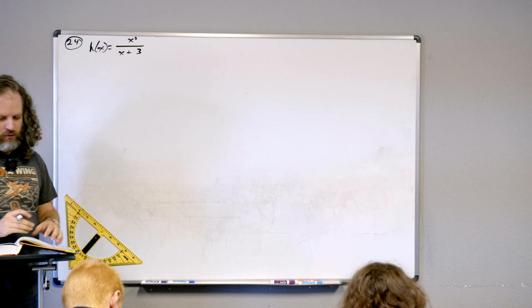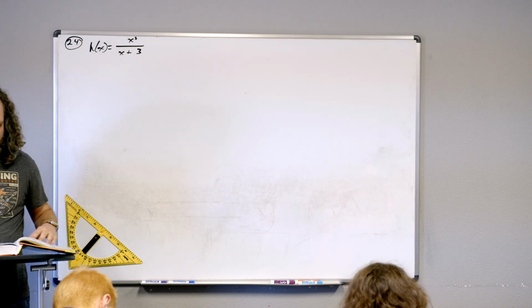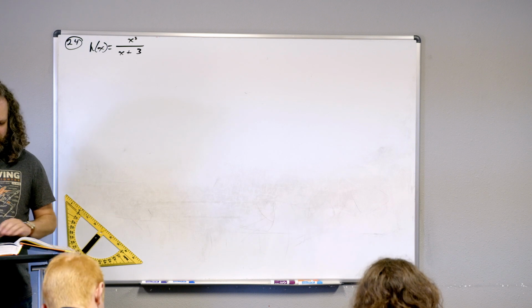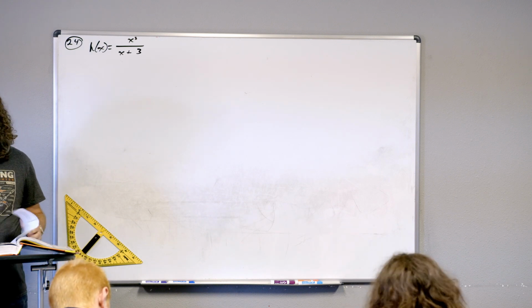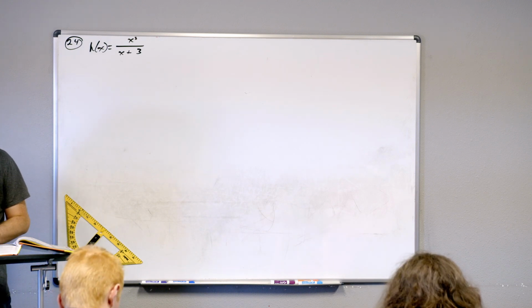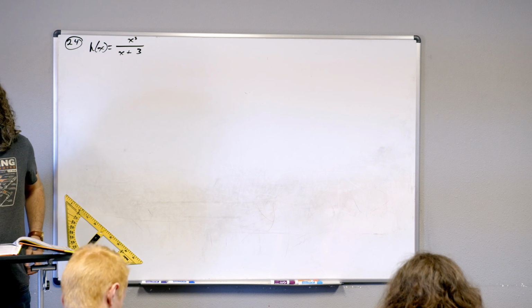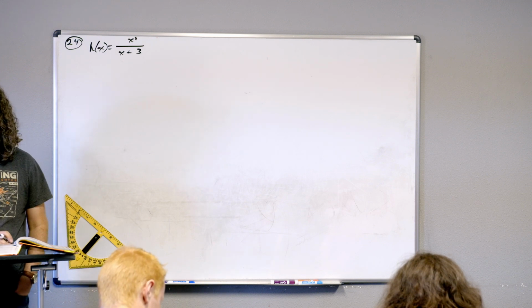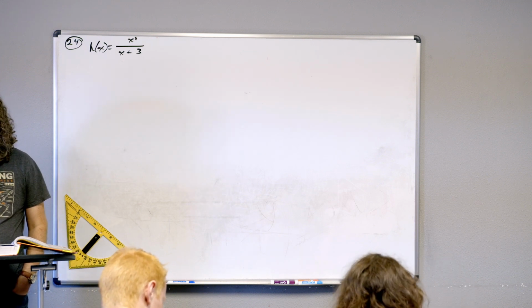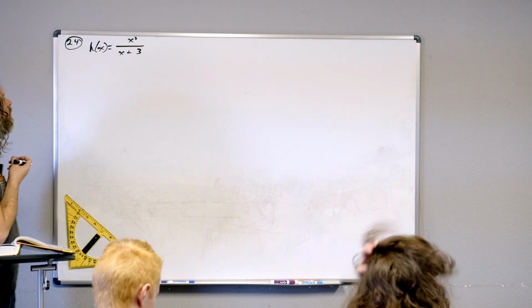All right, so we should start with all of the asymptotes, right? What, if any, it has? So the y asymptote says none, and the x asymptote is at -3.